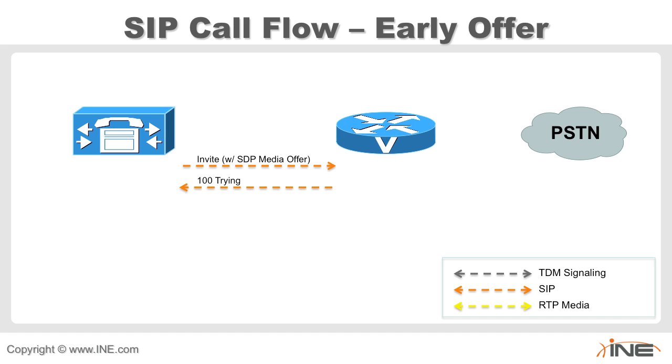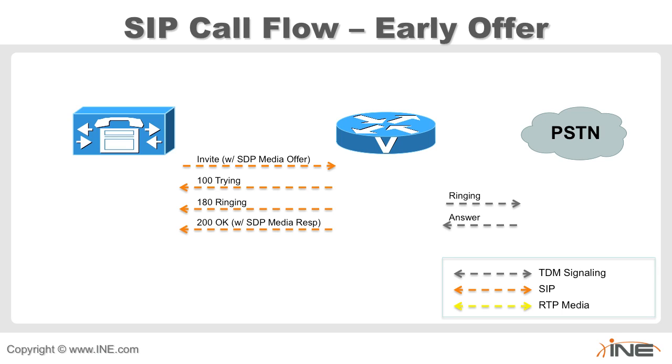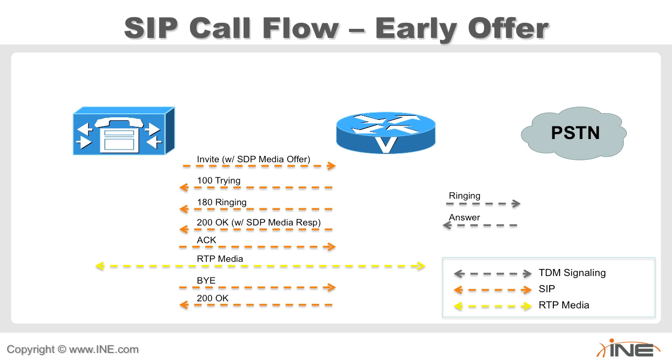Terminating gateway says trying, tries to ring the PSTN, tells the originating gateway that it's ringing with a 180 message. PSTN answers, sends a 200 OK with the SDP media response. So here's what we're going to agree on. Acknowledgement, and then the RTP media. Then the bye, and the OK after it terminated the PSTN side.